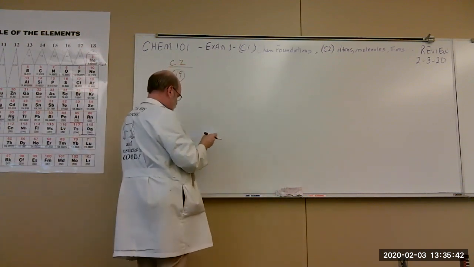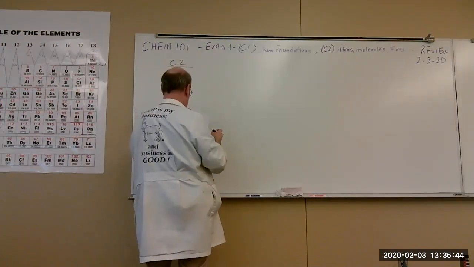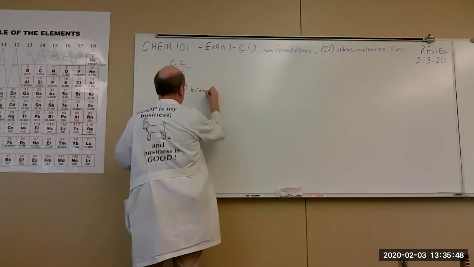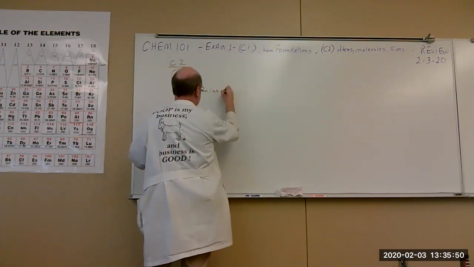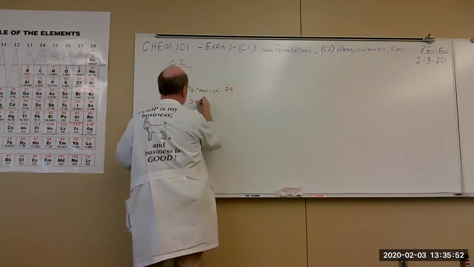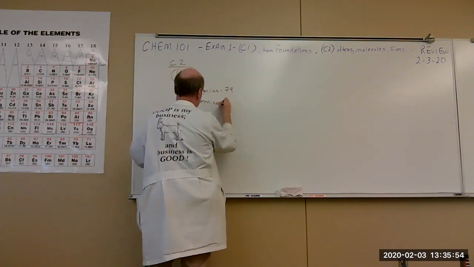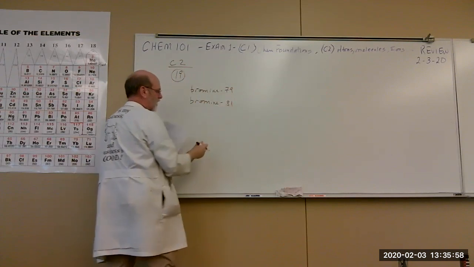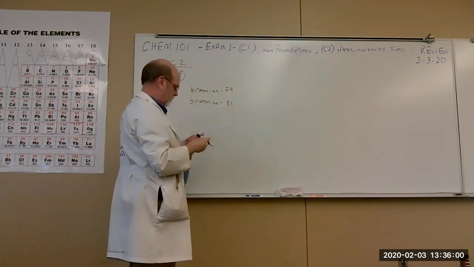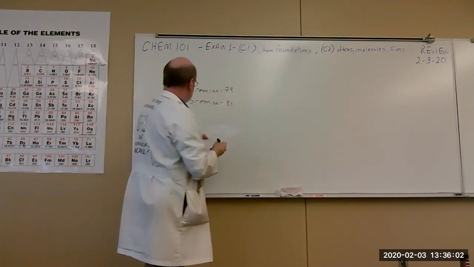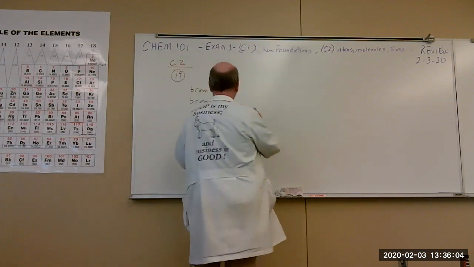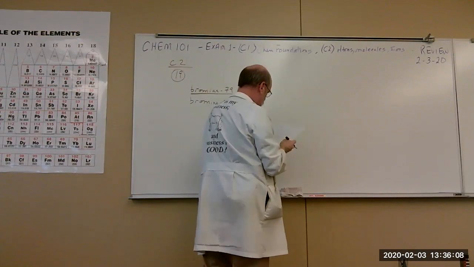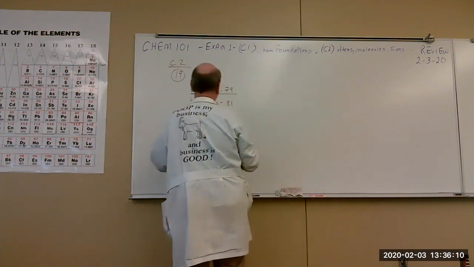If you have a mixture of bromine-79 and bromine-81, these are isotopes, right? They're both bromine. Then, this question has to do with this one right here. So how many protons, neutrons, and electrons are in that?